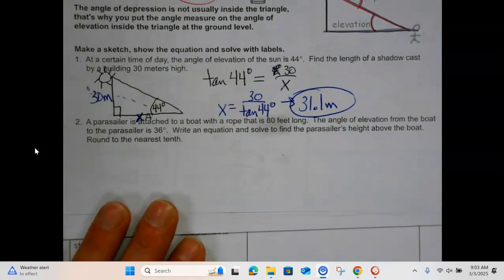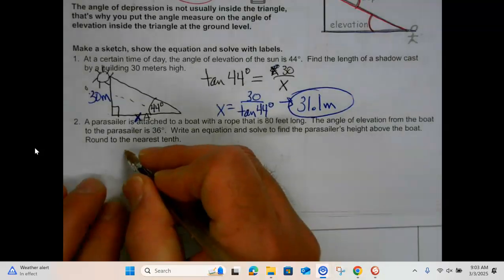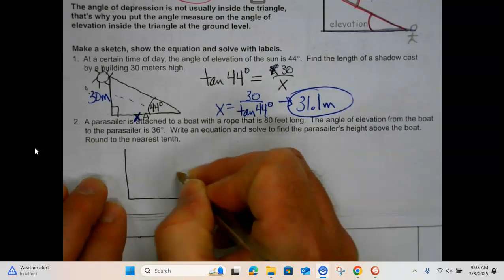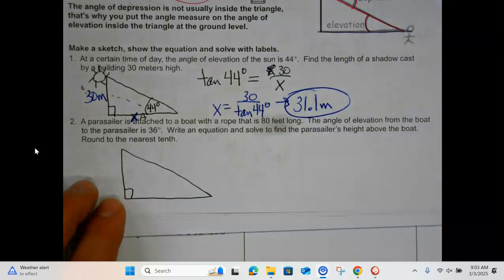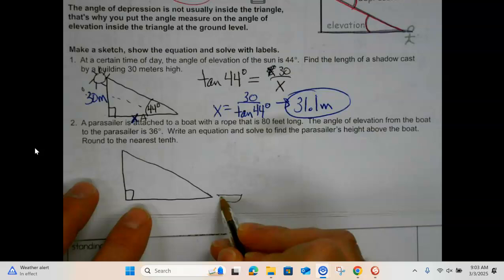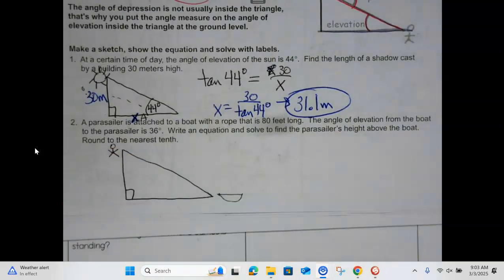As we play with these, they're basically all going to set up the same way, except maybe for where your sides are. That's really going to be true. So we've got a parasailer attached to a boat. Here's my boat. Here's my parasailer. I'm not good enough to put the parachute on there, so he's just hovering in the air up here.